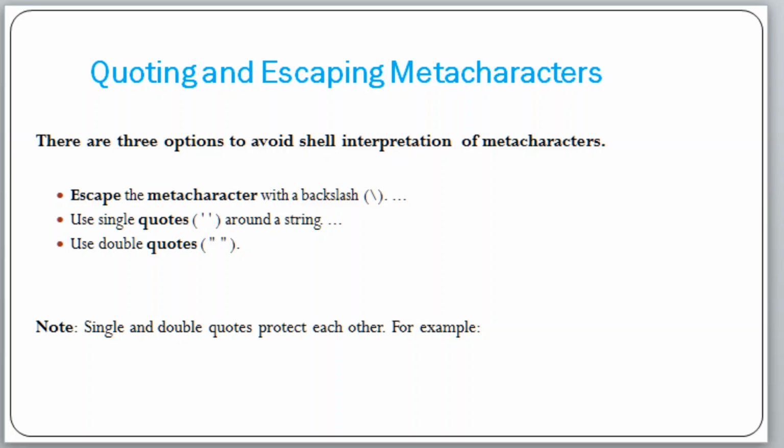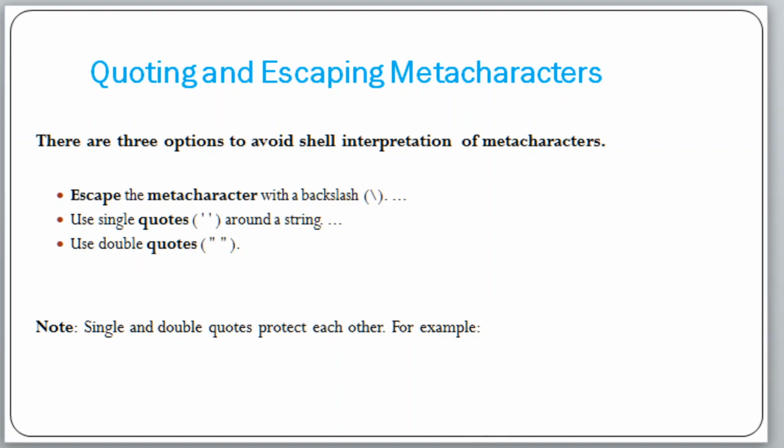So we're going to talk about quoting and escaping meta-characters here. There are three options to avoid shell interpretation of meta-characters. We can do it with a backslash, single quotes around a string, or double quotes. So you guys, single and double quotes protect each other, okay?